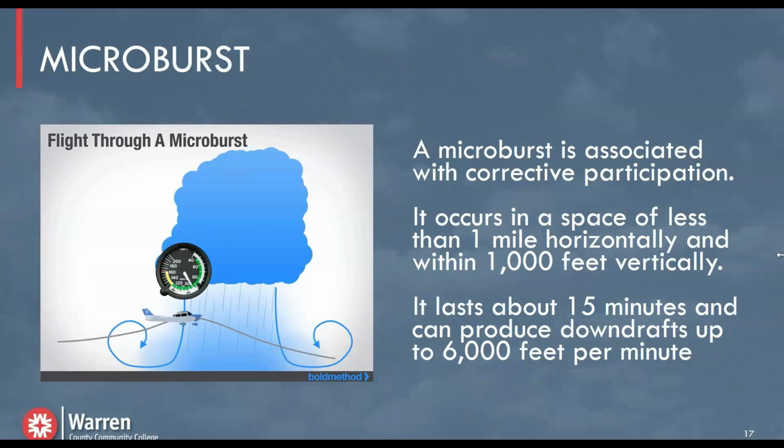You also want to be aware there are microbursts that can happen. A microburst is associated with convective precipitation. It occurs in a space of less than a mile horizontally and within 1,000 feet vertically. It's important because this might be on the test. It lasts about 15 minutes. So microbursts last about 15 minutes and can produce downdrafts up to 6,000 feet per minute.